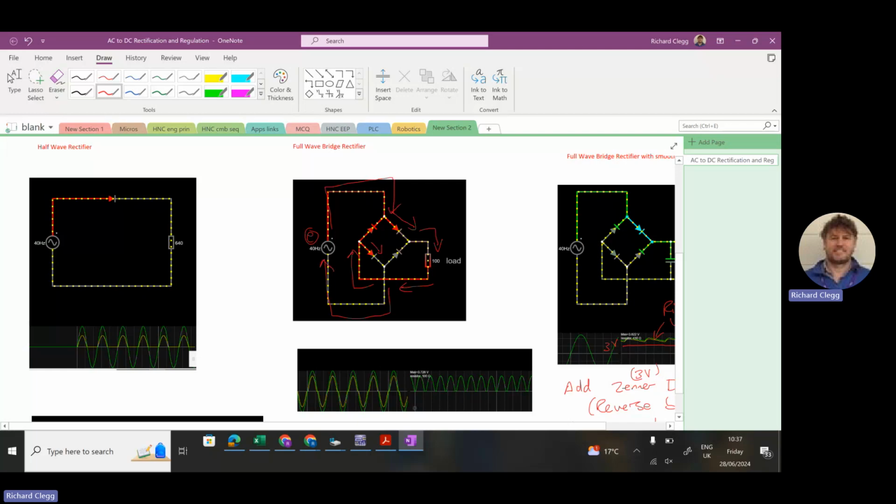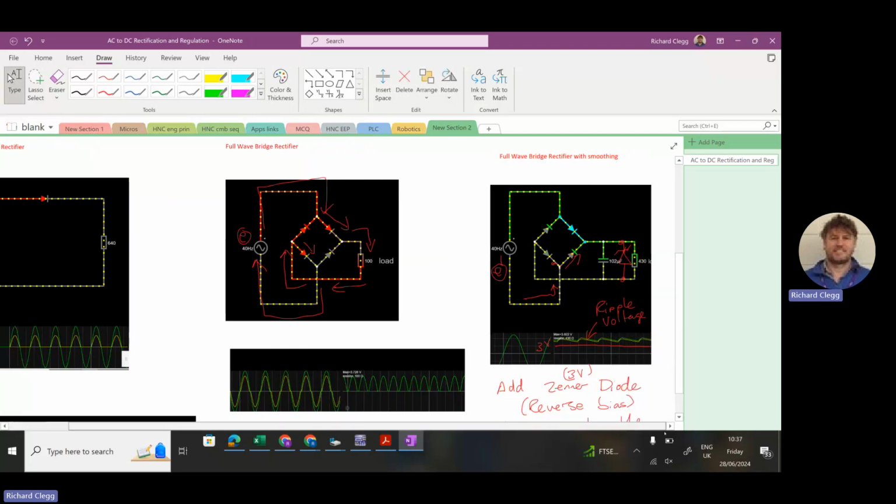And if the electron goes the other way, it's the same principle. So if an electron is going this way, we would go up through here. We come to this point here and we decide we're going to go forward bias, and then we need to go across, round the load.